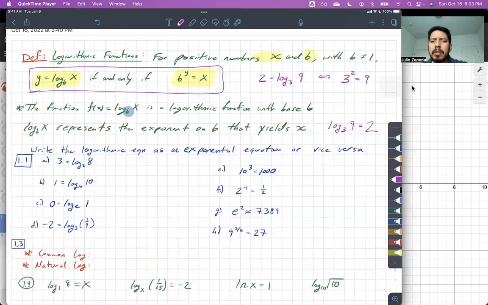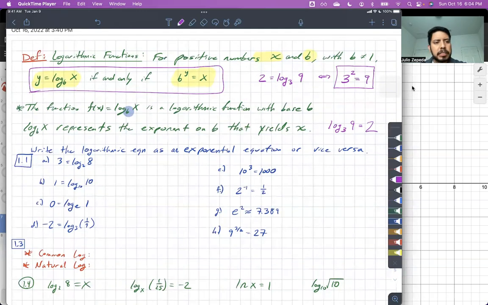So these two are equivalent statements, and you would say, well, this is a pretty simple statement right here that I've just made. The logarithmic equivalent of that is the one in the box to the left. So these two are equivalent statements. So logarithms can be thought of as just exponents. The log base 3 of 9 is the exponent that you put on 3 to get 9, and that's 2.